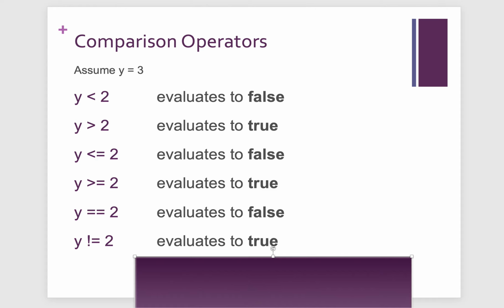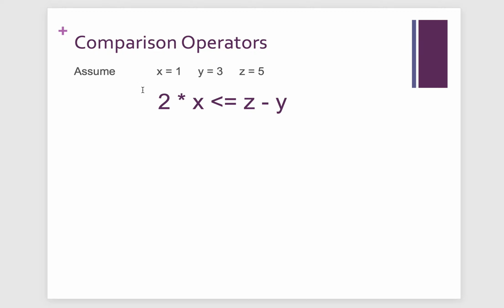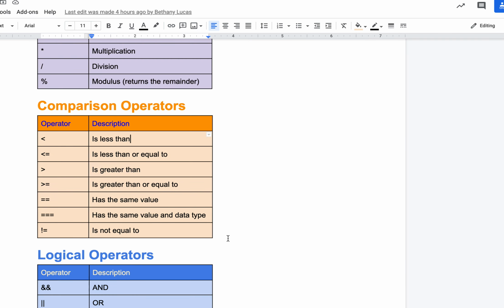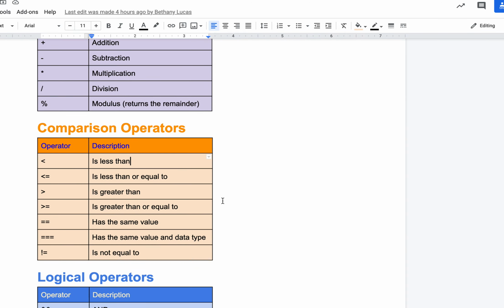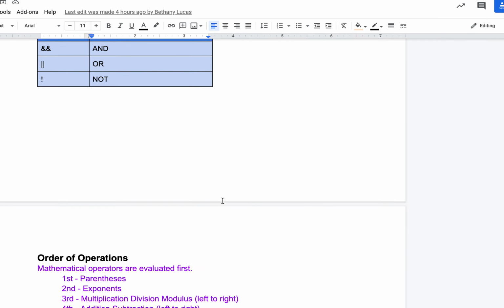Let's take another example. Often we may need to find a new value using our mathematical operators before we do our comparison. So how do we know what goes first? Well, you know the order of operations, or should know the order of operations from your math class, but what happens when we have both mathematical equations and comparison operators in the same equation?